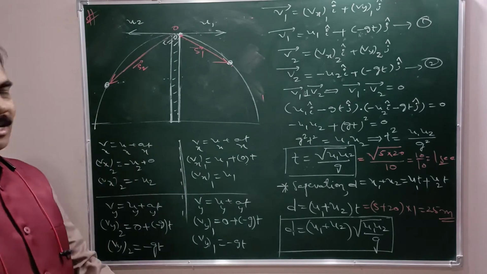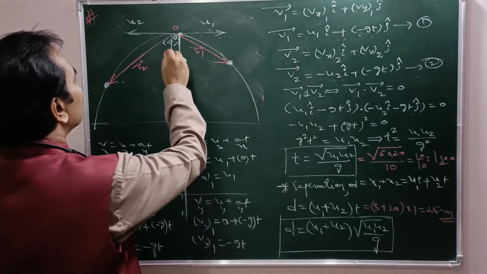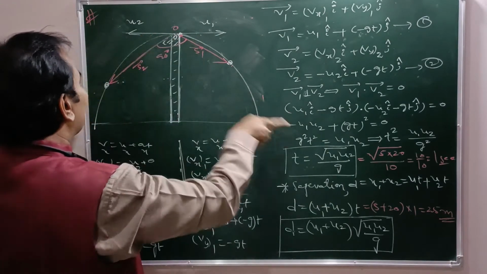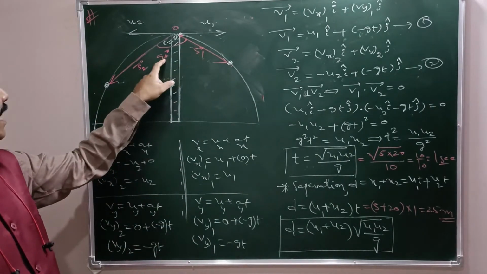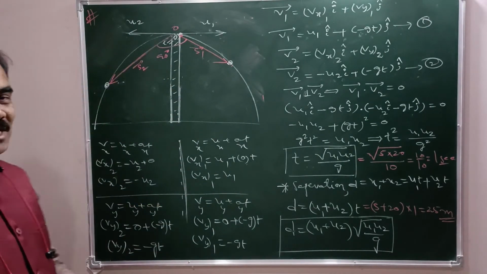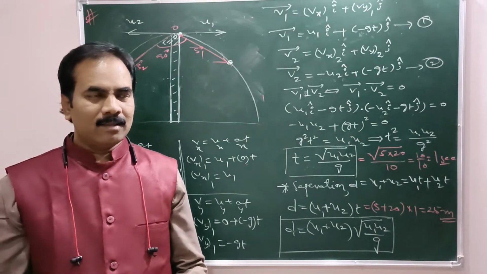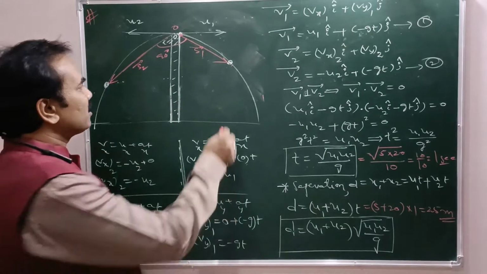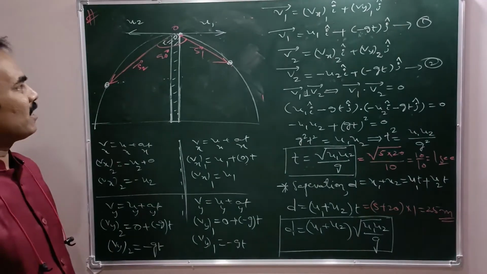Now what should be the angle between these two? From the question, 90 degrees. S1 bar makes an angle of 90 degrees with S2 bar. So that means after some time t, their displacement vectors are perpendicular to each other. Suppose this is the position of the first projectile and this is the position of the second projectile.